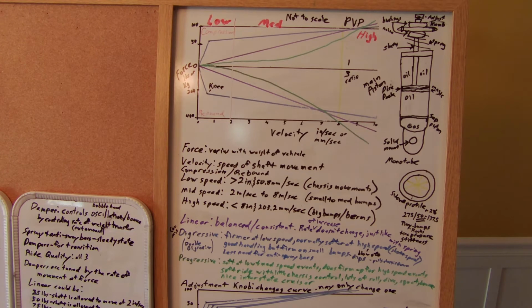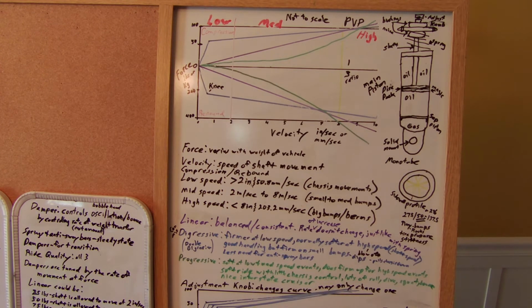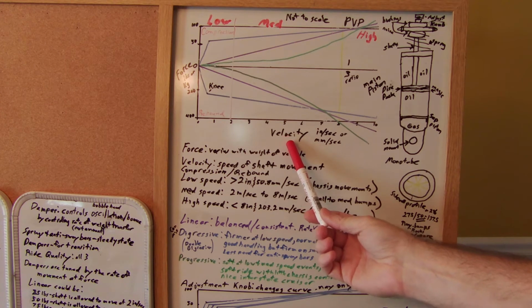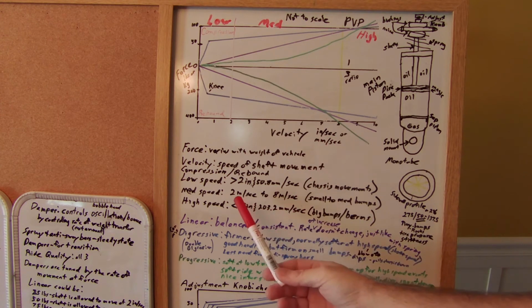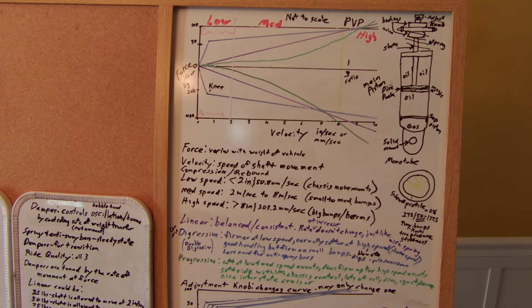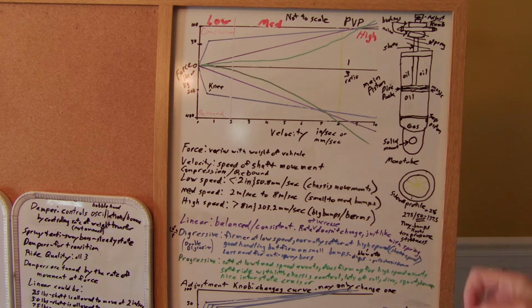Okay, now we're going to talk low speed, medium speed, high speed. What this is referring to is the velocity of the shaft in inches a second or millimeters a second. Nope, you didn't notice the typo in my graph here, my whiteboard.